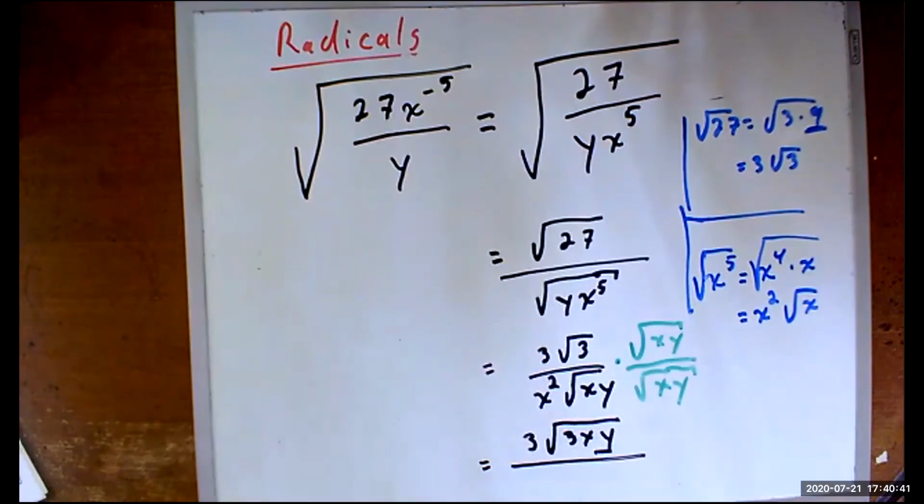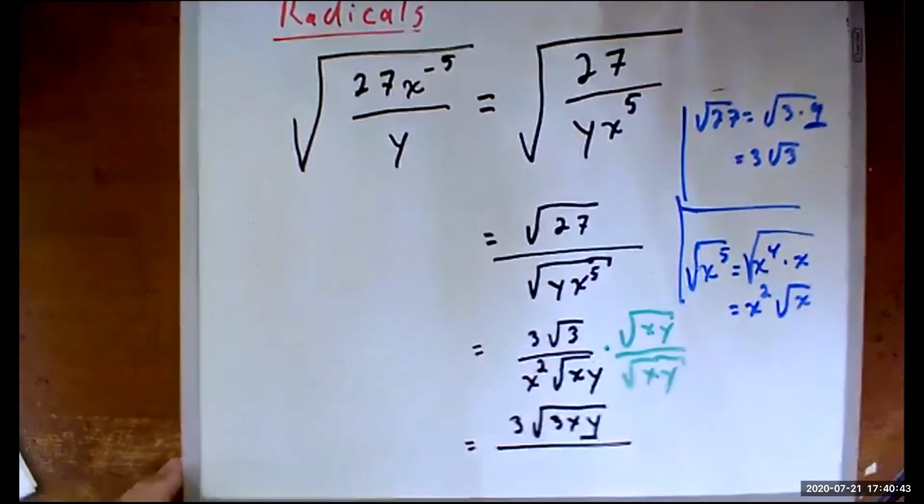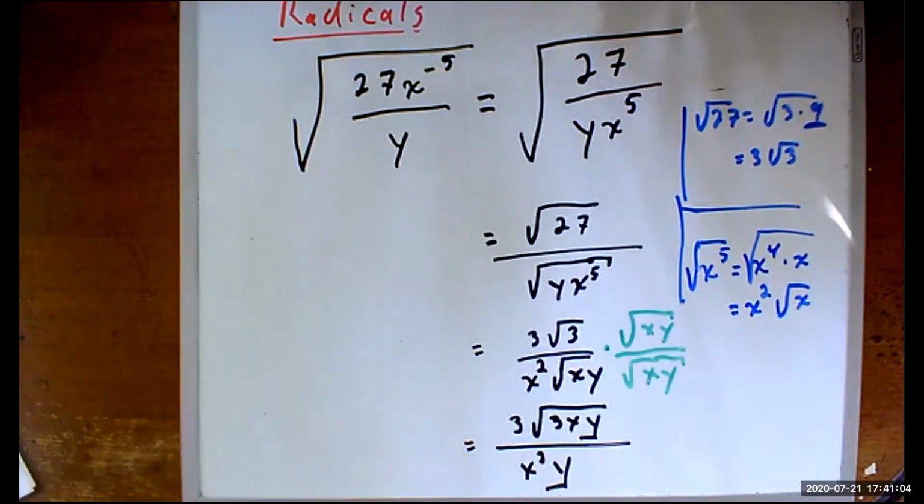And when I do that, on the top, I end up with 3. Everything under the radical multiplies together, so I end up with 3xy. It's getting a little squished, sorry. And then on the bottom, the radical is what cancels out, so I end up with x squared times xy, which is to say x cubed times y.